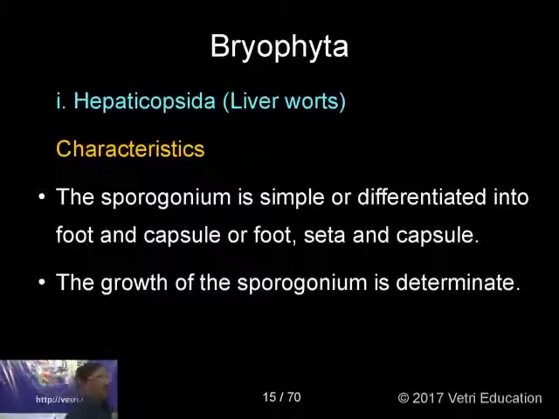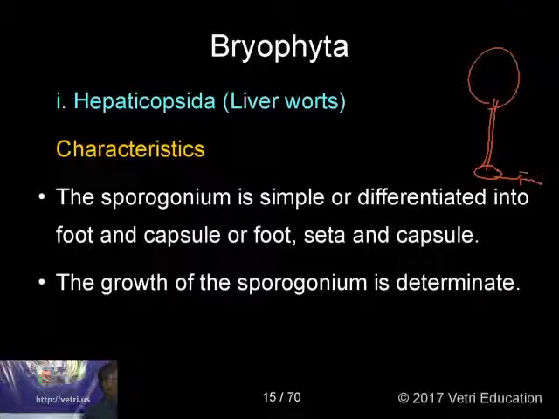Here the sporogonium has a foot, from which it absorbs food material from the gametophyte, and a stalk-like structure called the seta. At the end of the seta you can find the capsule. Sometimes it has only two parts, foot and capsule, as the seta may be reduced, or sometimes you have all three parts.